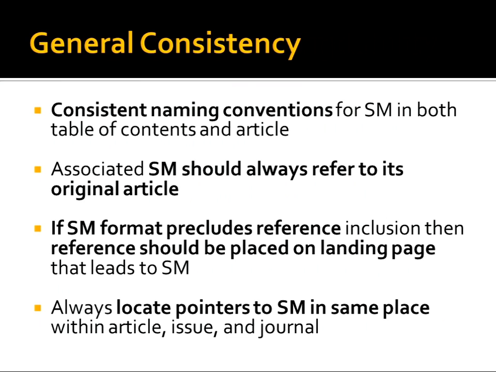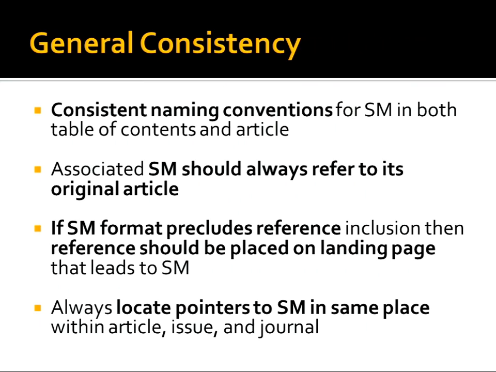But we did come together and create some general consistency guidelines. So consistent naming conventions for the supplemental materials in both table of contents and the article. Associated supplemental material should always refer to its original article. If the supplemental material format precludes referencing, then you should probably try and include that on a landing page.